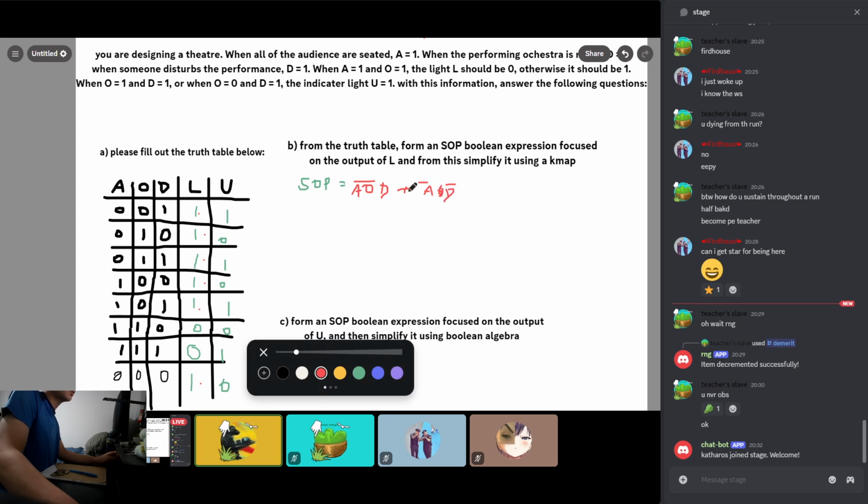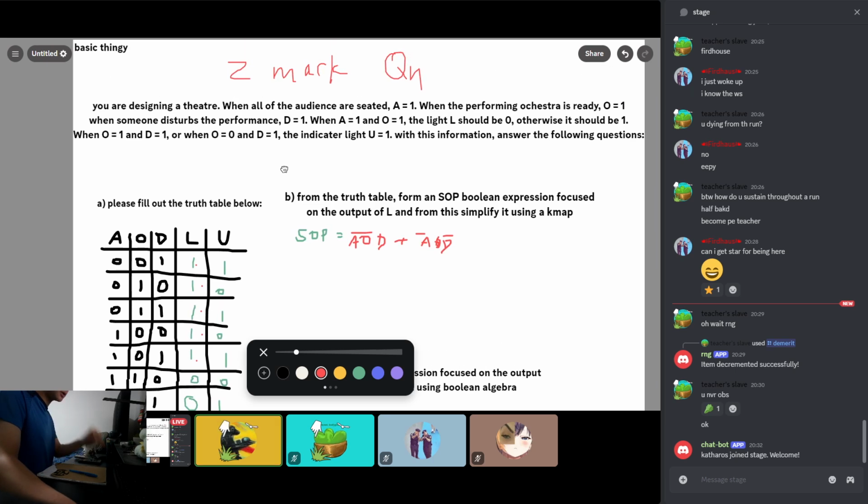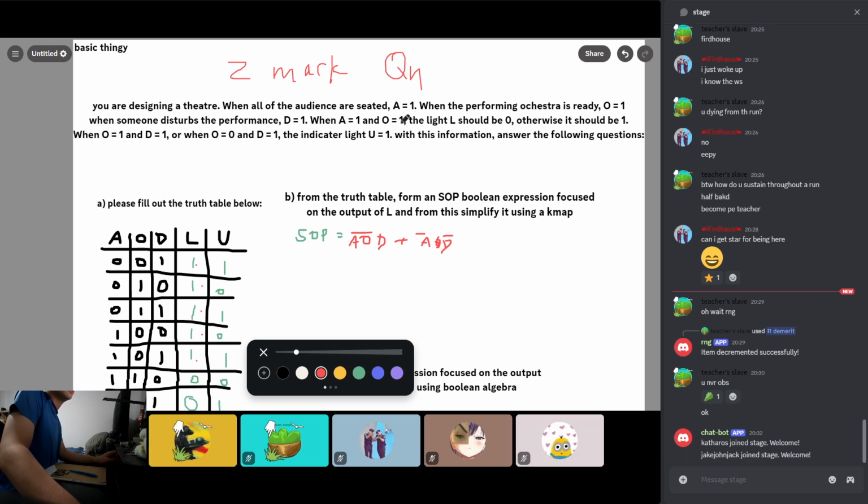But actually D is not necessary, because D does not affect the output of L at all. It doesn't matter the value of D.